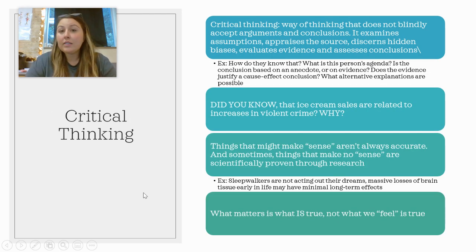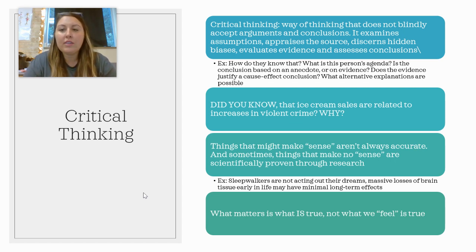So critical thinking is another huge portion of the scientific attitude. Critical thinking is a way of thinking that does not blindly accept arguments and conclusions. Rather, it examines assumptions, it appraises the source, meaning it looks at where the source is coming from, who's paying for it, those kinds of things.